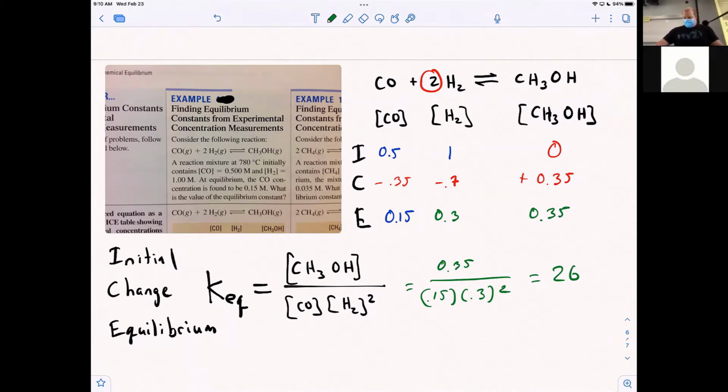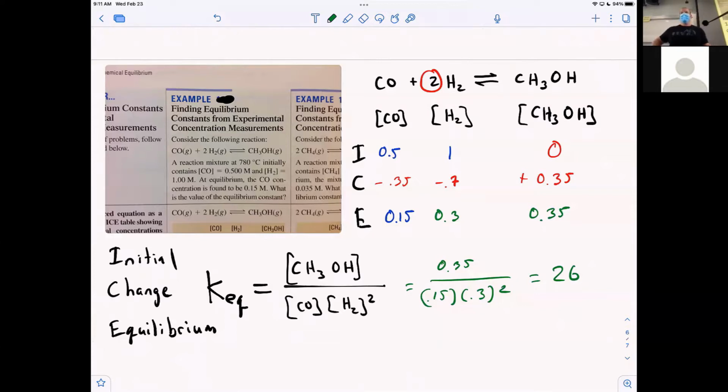Then we compare to the initial values, and we get 0.15 molar carbon monoxide, 0.3 molar hydrogen, 0.35 molar methanol. Then we look at the equilibrium constant, products over reactants raised to their powers: the concentration of methanol over carbon monoxide times hydrogen squared. Plug in the values, and we get an equilibrium constant value of 26.